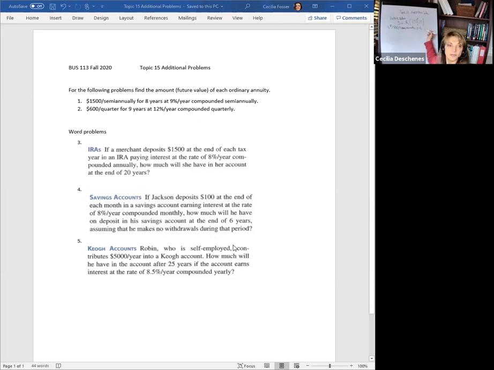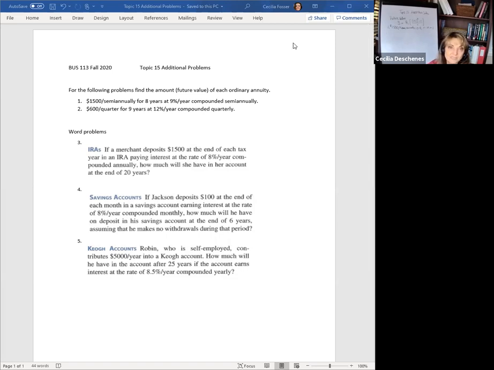And at 9% nominal interest compounded semi-annually. So our rate is 0.09, and it's compounded semi-annually. That automatically tells us, semi-annually, remember, is twice a year. So that's 2.